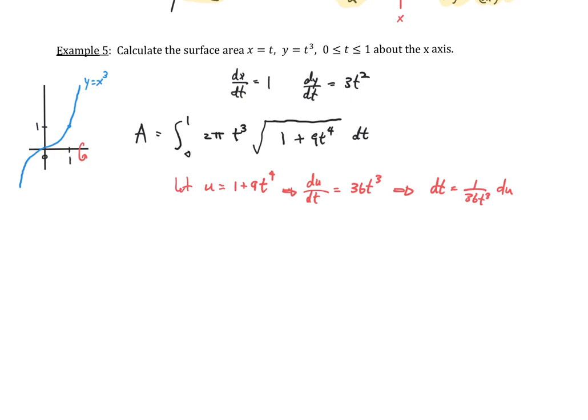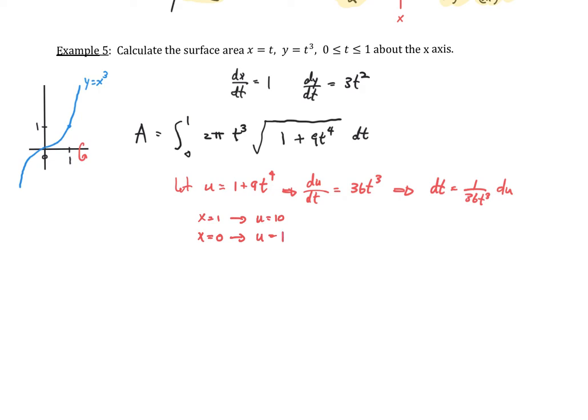We also want to change our limits of integration. So when x is equal to 1, that means u is equal to 1 plus 9 times 1, which is 10. When x is equal to 0, that means that u is equal to 1 plus 0, which is 1.